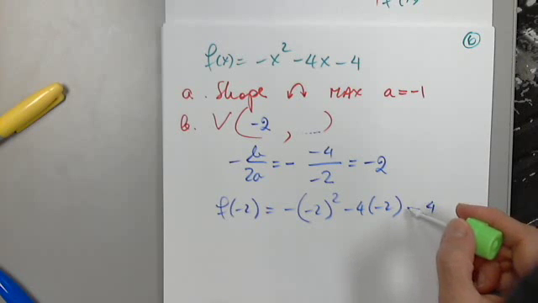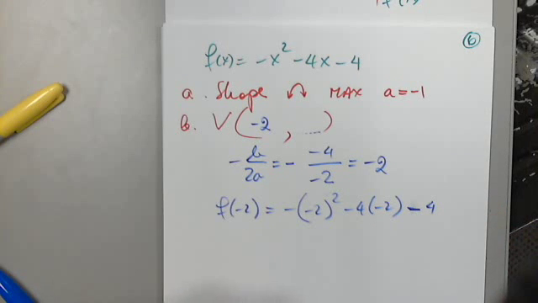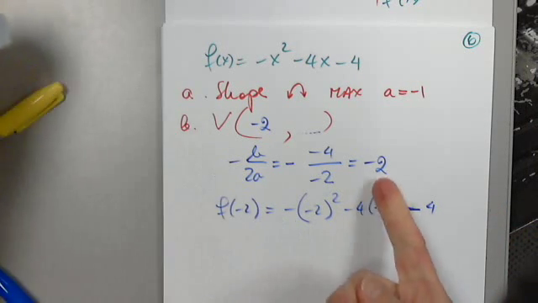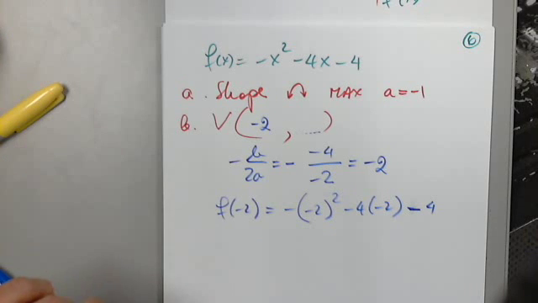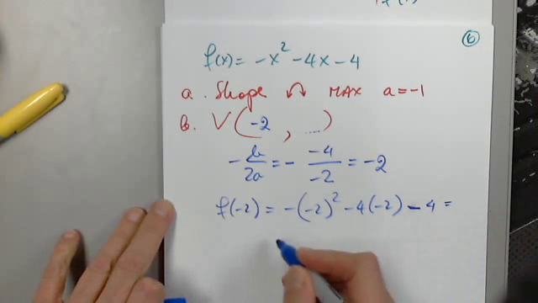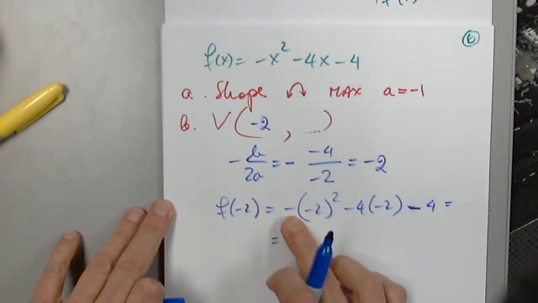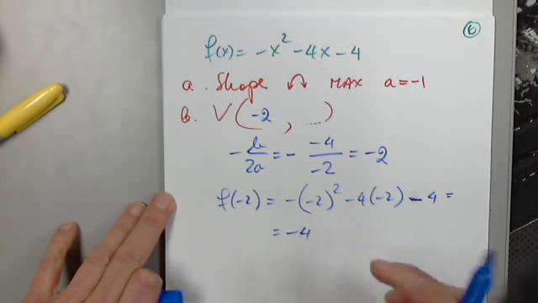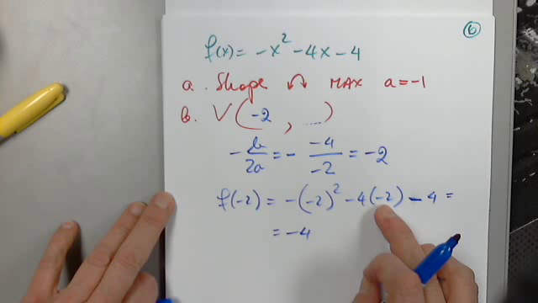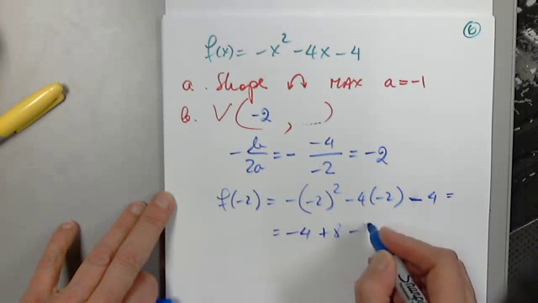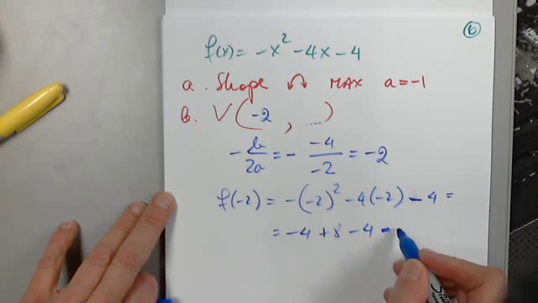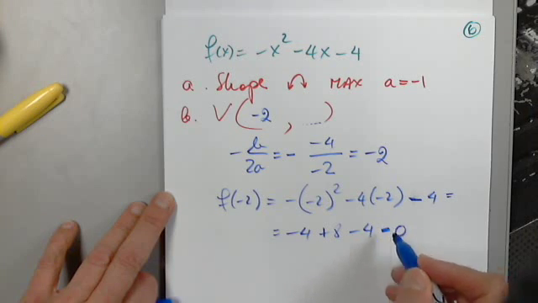Because remember, you have to use parentheses, especially when the number is negative. By the order of operations, I have to square negative 2 first. When I square negative 2, I get, with minus in front, very good, negative 4 times negative 2, positive 8, and minus 4, and I get, very good.